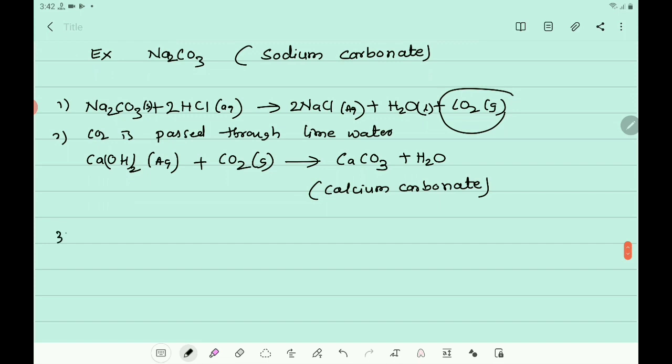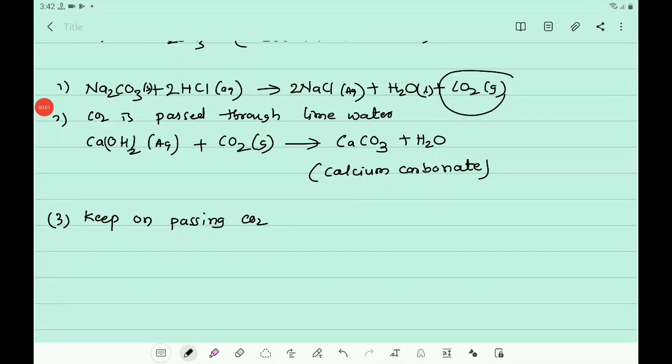Then in the third step, on continued passing, keep on passing CO2 gas through milky lime water for some more time.